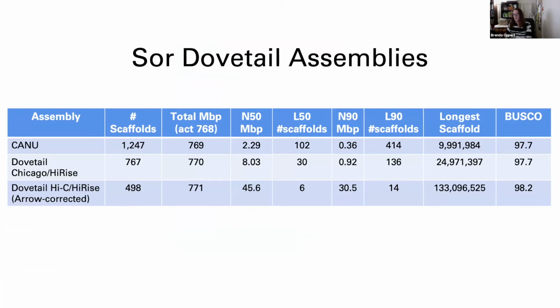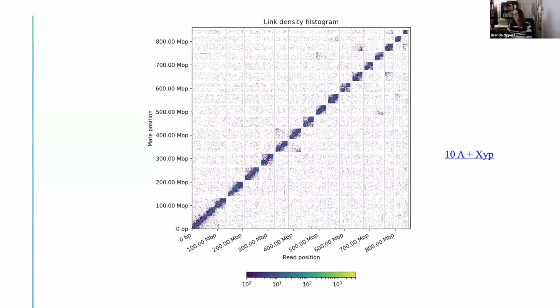The Chicago HiRise scaffolding provided a final assembly of 498 scaffolds with an N50 of 45.6 megabases. And this is the link density histogram that indicated, again, we had mostly chromosome level scaffolds in the final assembly.